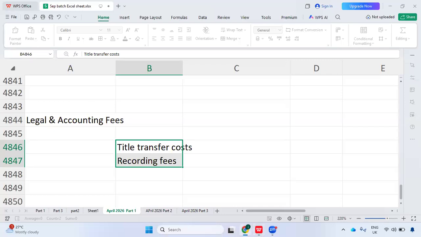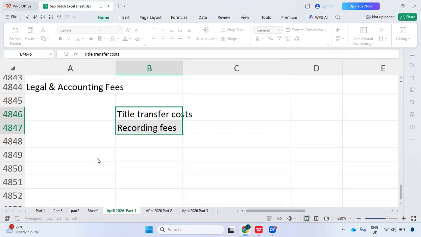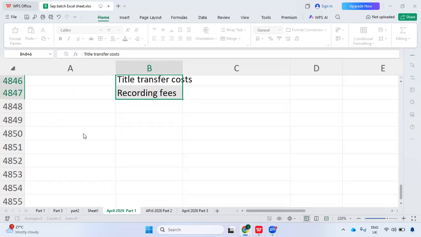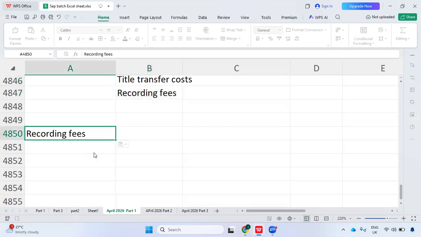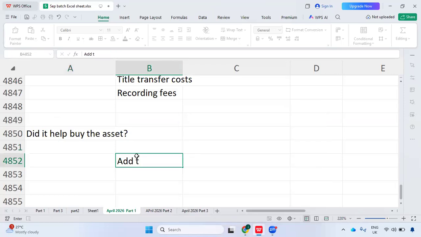So three things we need to remember to add to the basis. If you see any expenses, you need to ask three questions. The first question is, did it help to buy the asset? If you are paying the expenses, it is actually helping to buy the asset. If yes, then simply add to the basis.